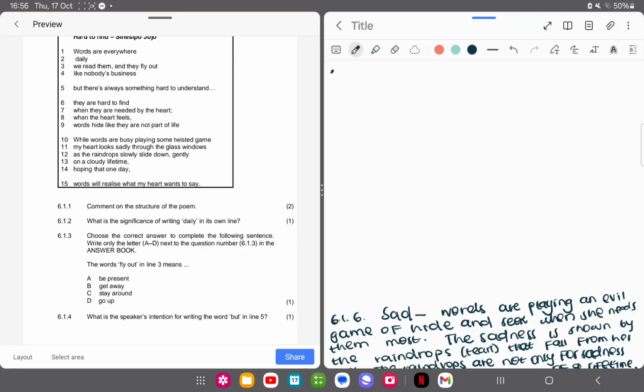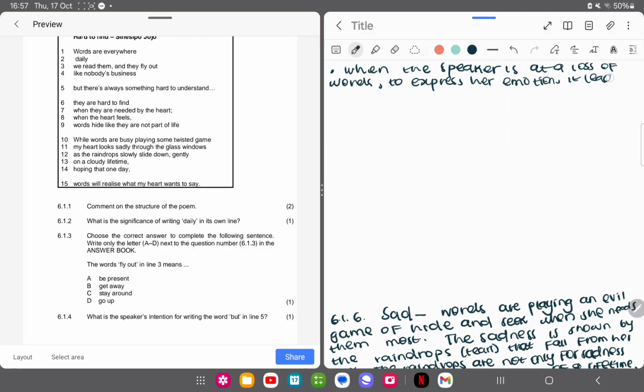So we can explain the theme of sadness by saying, when the speaker is at a loss of words to express her emotion, it leads her to a feeling of sadness.